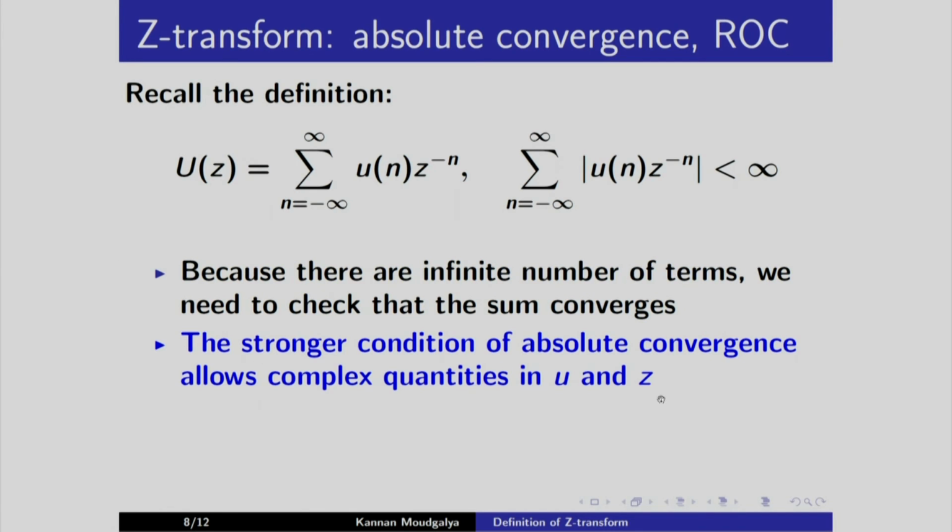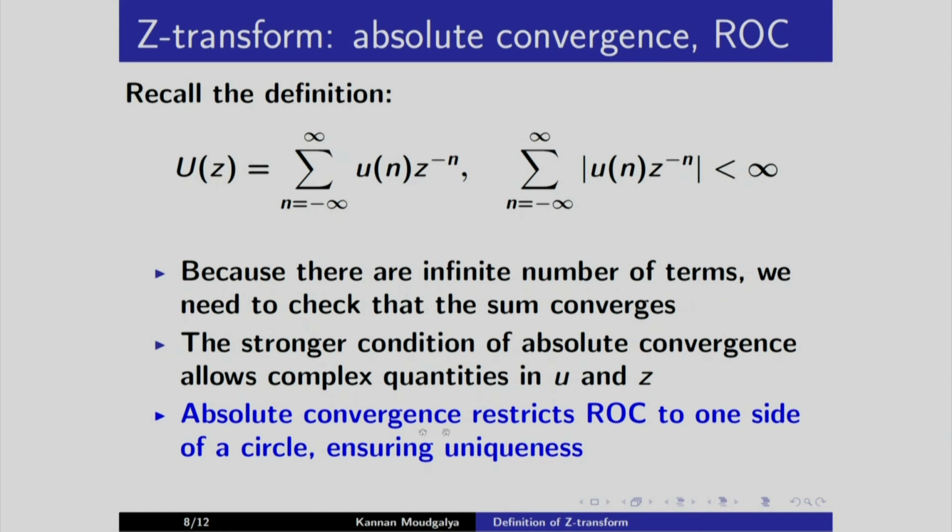The stronger condition of absolute convergence allows complex quantities in u and z. Remember, this is a stronger condition because if this is satisfied, this is automatically satisfied, namely this is also bounded, because here there could be cancellation of some terms. Here there is no cancellation of terms because you have everything with only magnitude considered.